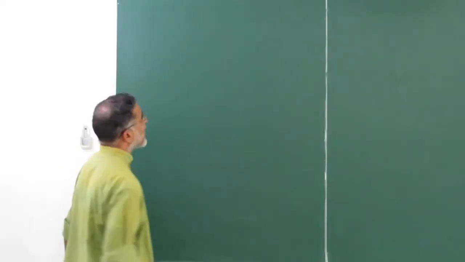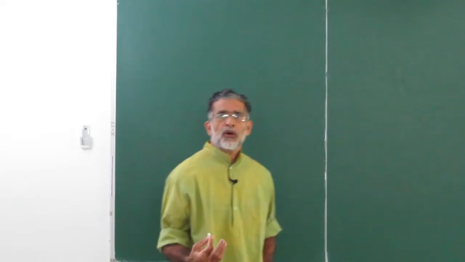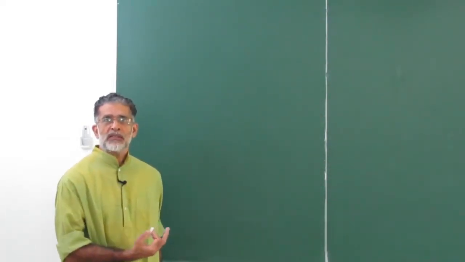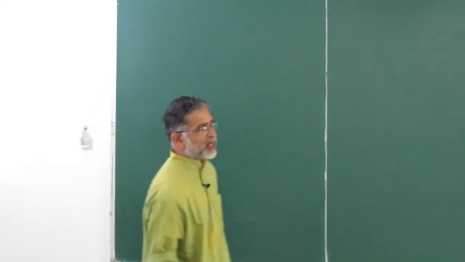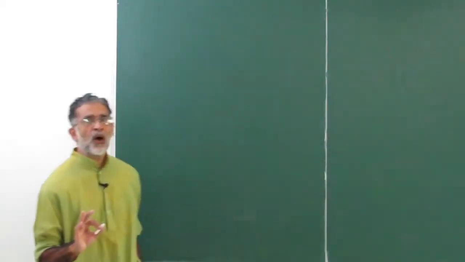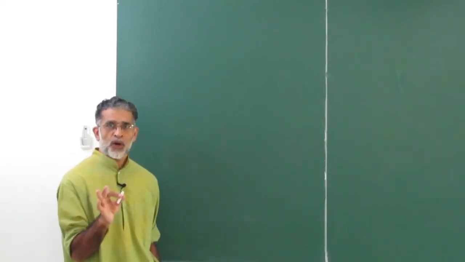If both are negative, there is no difference, because what do you do? Instead of the upward normal we have taken, take the normal the other way, then automatically both the curvatures become negative. So this is the problem, because whatever we are doing depends on the normal.